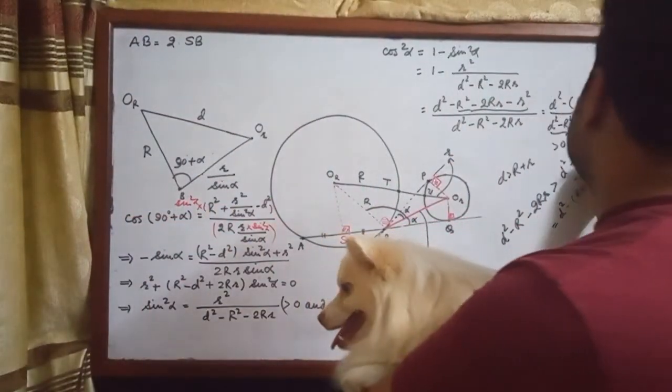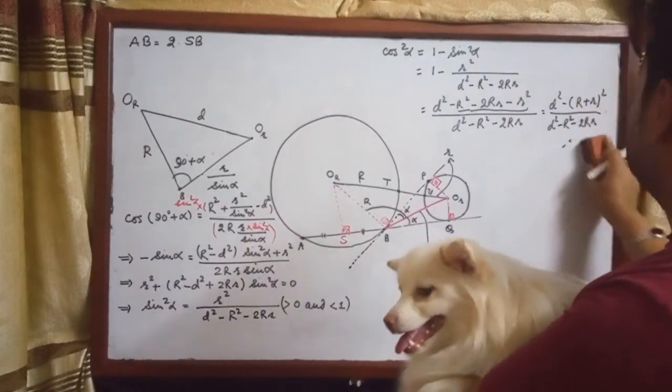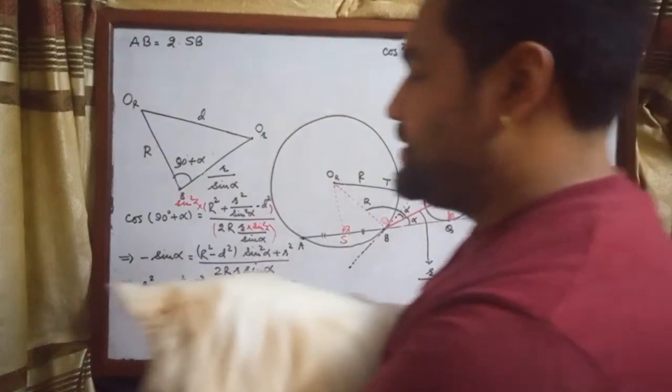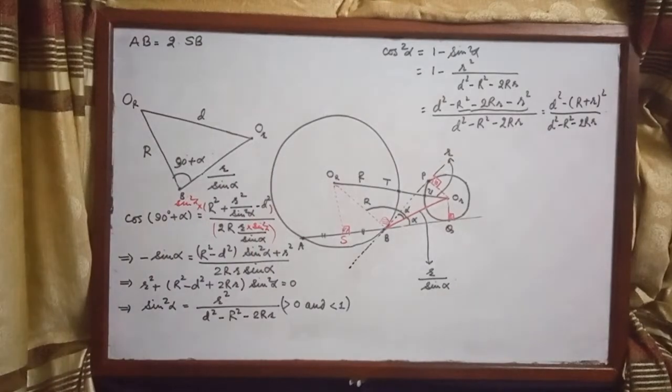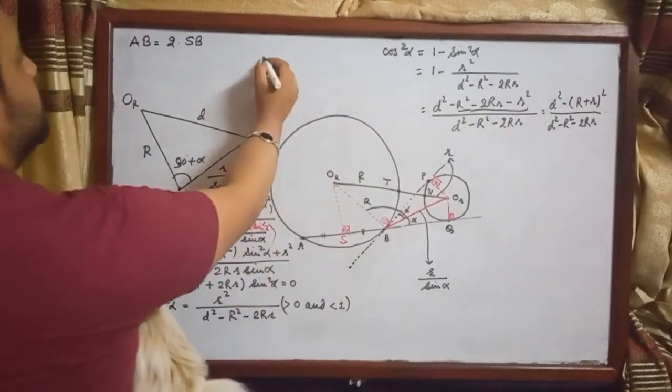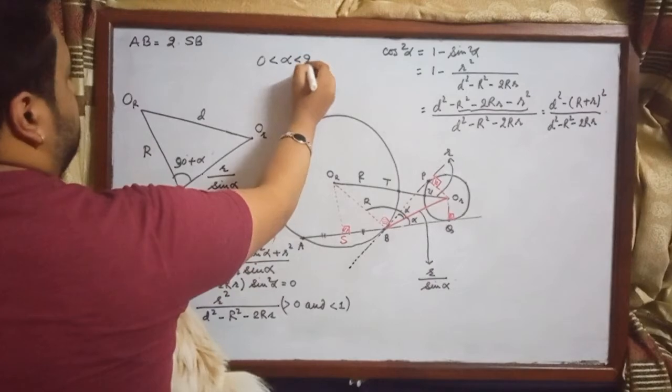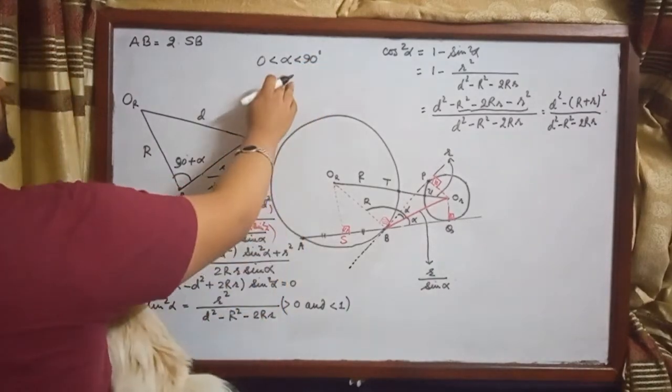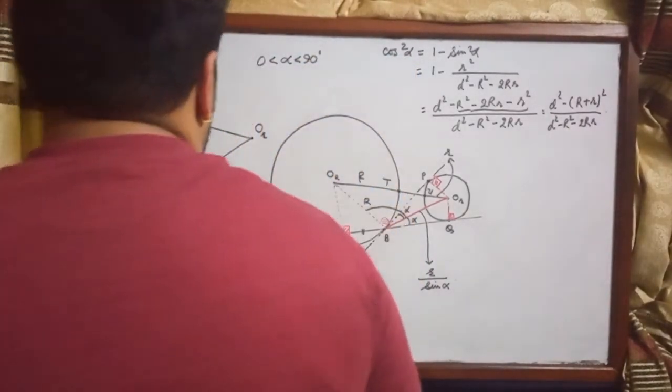So we can write, since alpha is between 0 and 90 degrees exclusively, sine alpha and cos alpha are positive.